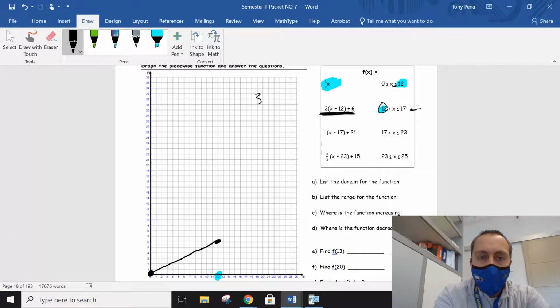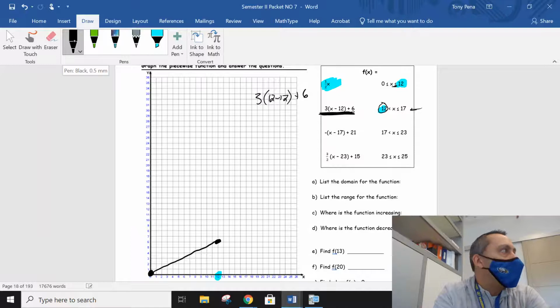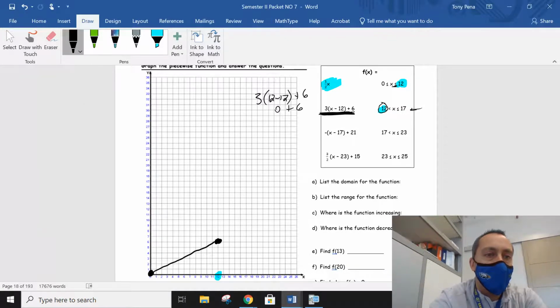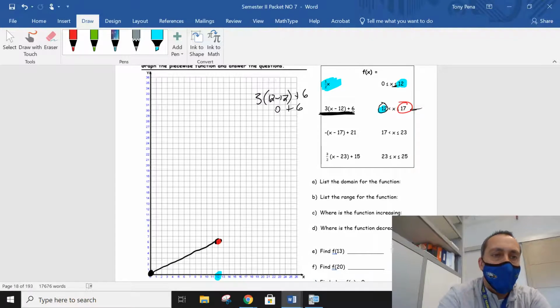So 3, and then if I do 12 minus 12 plus 6, isn't 12 minus 12 is 0? So I'm just going to get 0 plus a 6. So don't those actually both give us a 6 for these? So we're going to actually start at that exact same point. Let me start this one in red. And then what we need to know is, where does this one finish? So take your 17, evaluate it at 17.